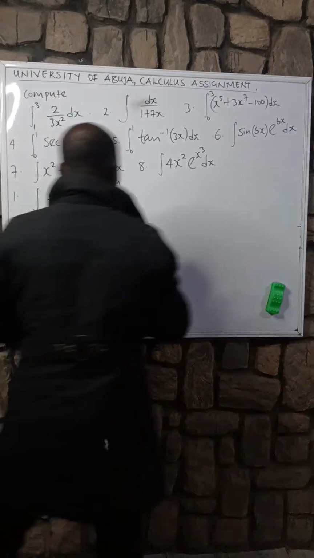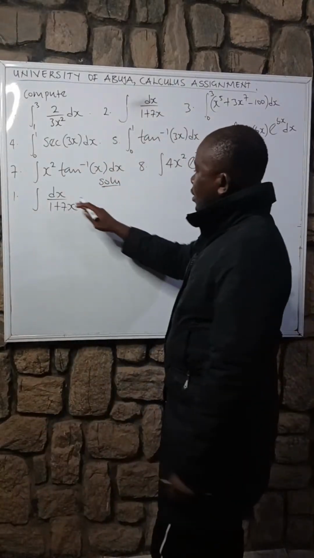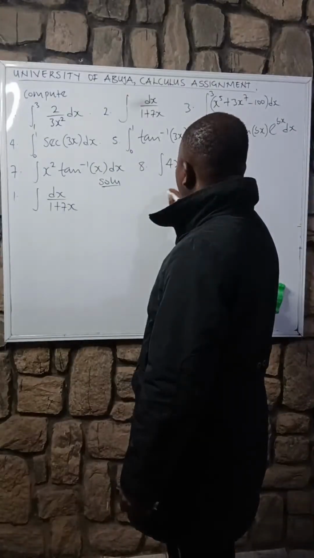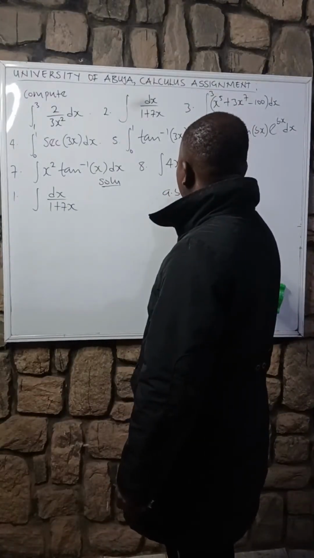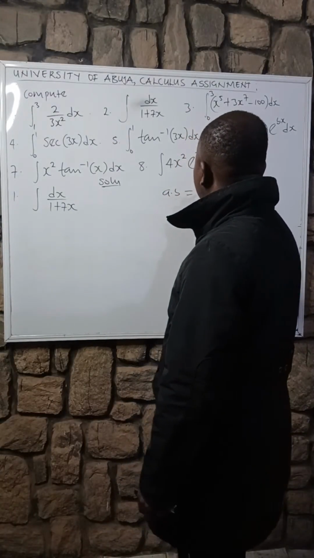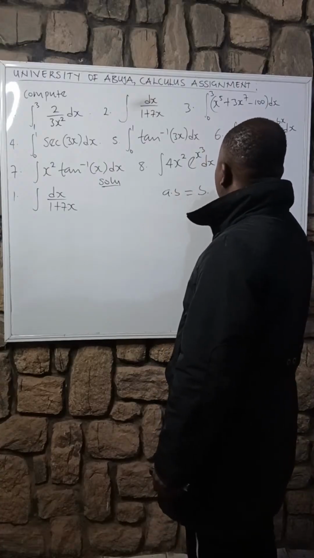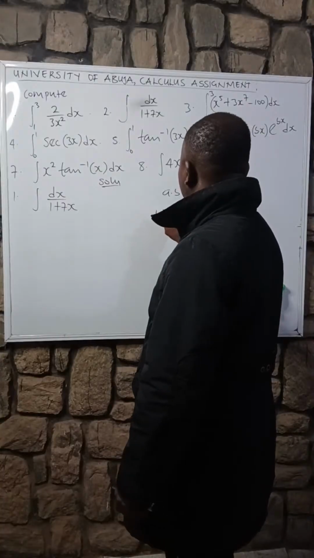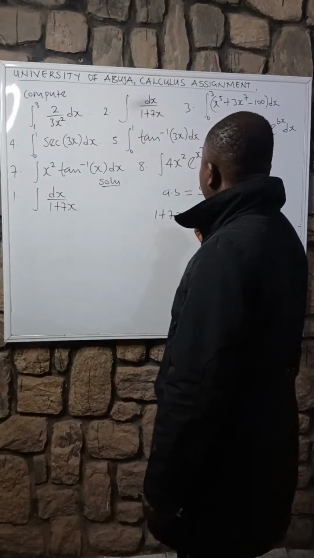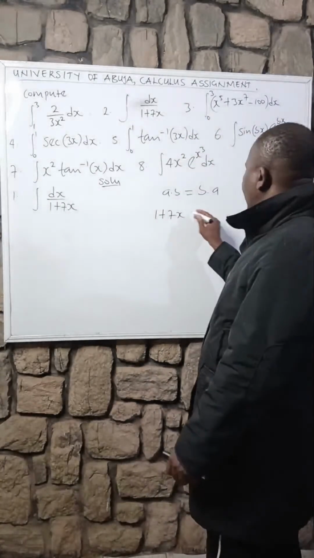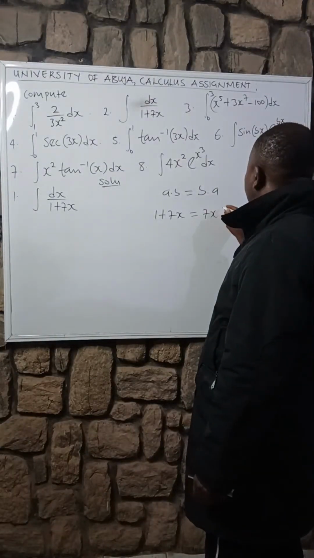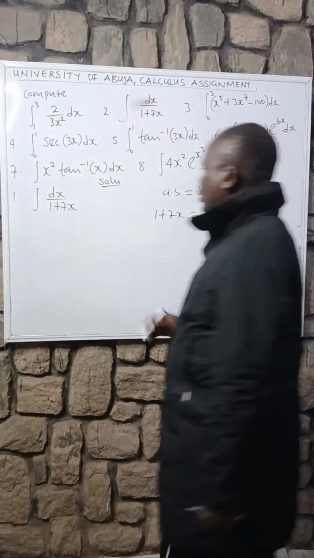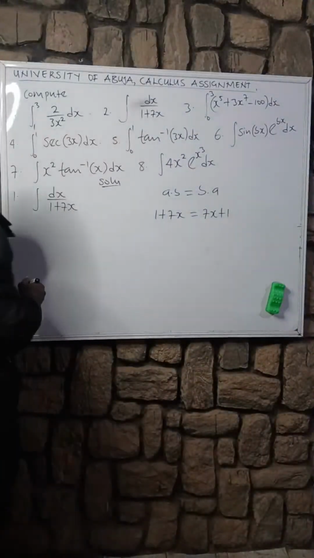It means that when you are multiplying a dot b, sorry, a times b, this is the same thing as b times a, two of us. So if you now have 1 plus 7x, we can rewrite this. This is the same as 7x plus 1. Do you agree with me?